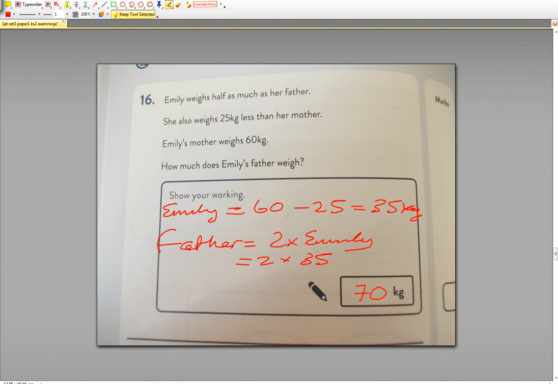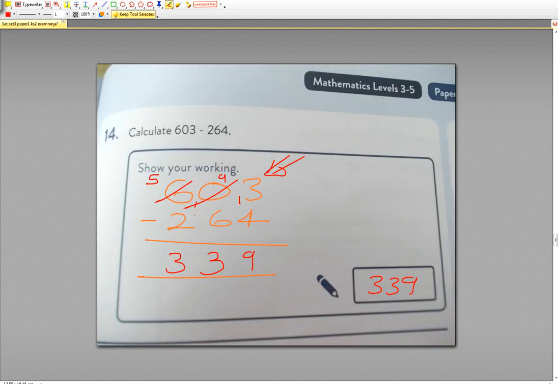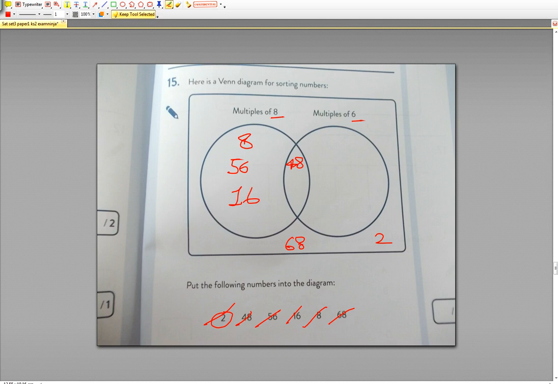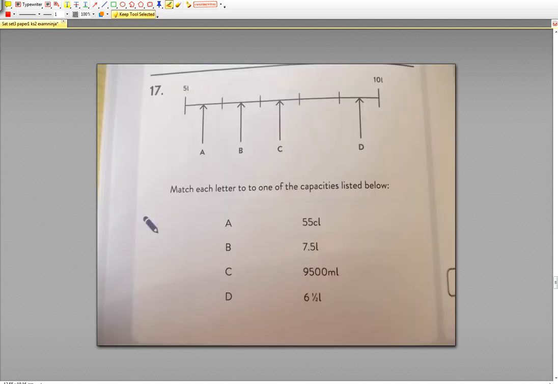Right, so we are going to find question number 17 now, isn't it? 14, 15, 16 done. Okay, 17. Here's the number line. Match each letter to one of the capacities listed below. First of all, let's have a look at the line. 5 liters, that's not 51 by the way, that's 5 liters.